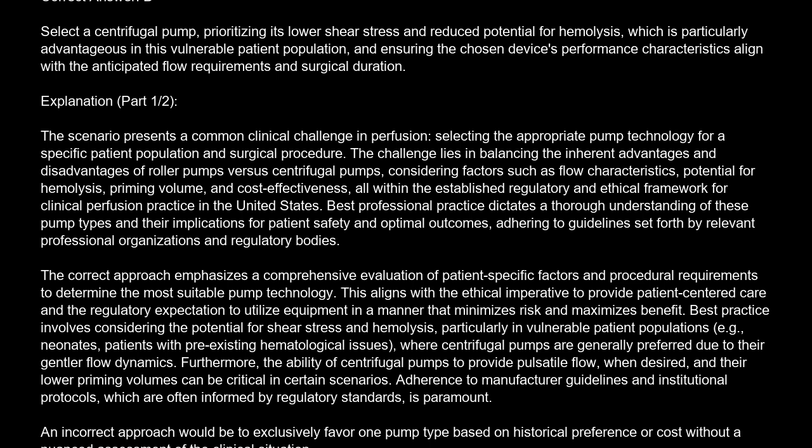Best professional practice dictates a thorough understanding of these pump types and their implications for patient safety and optimal outcomes, adhering to guidelines set forth by relevant professional organizations and regulatory bodies. The correct approach emphasizes a comprehensive evaluation of patient-specific factors and procedural requirements to determine the most suitable pump technology.